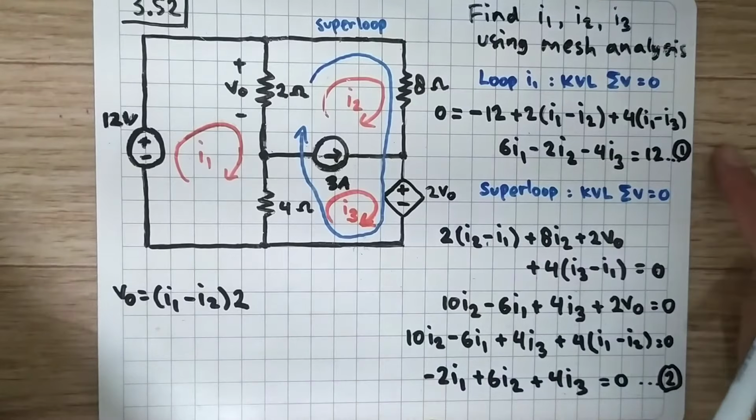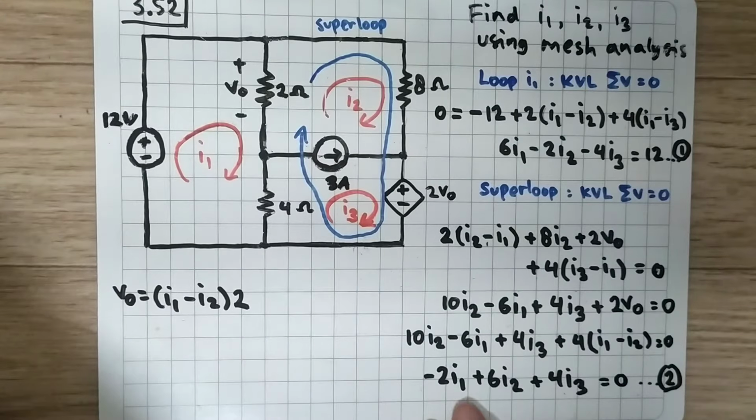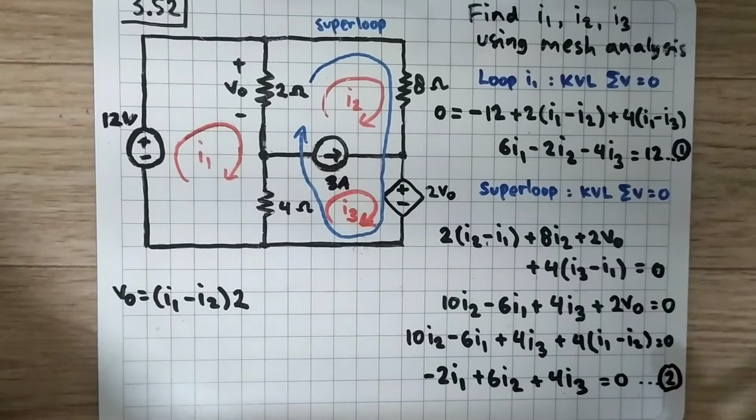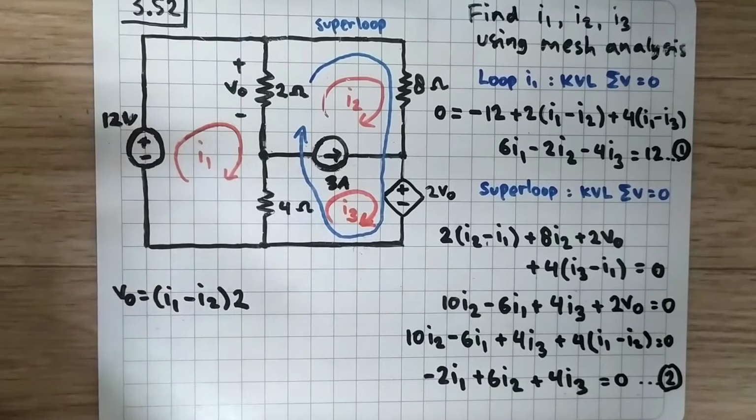Now we have 2 equations, but we have 3 variables here: 1, 2, 3. So we need one more equation.